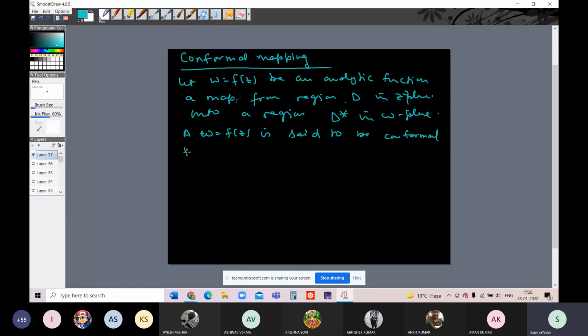if it preserves the angle between two curves, both in magnitude and direction.